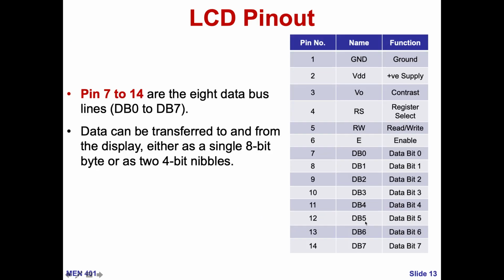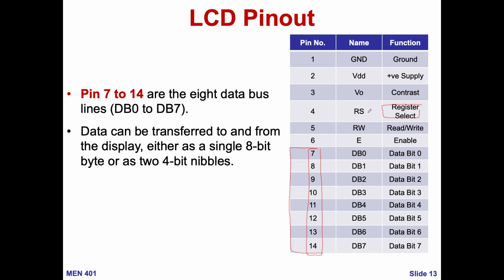Next, here I have pins 7 to 14. These are 8 pins to transfer data or program commands. If register select is low, the data sent here will be commands or programming.